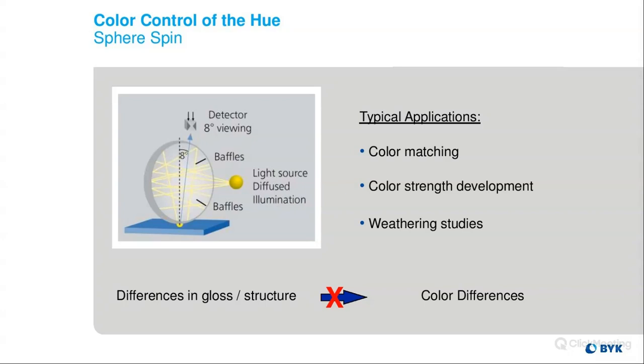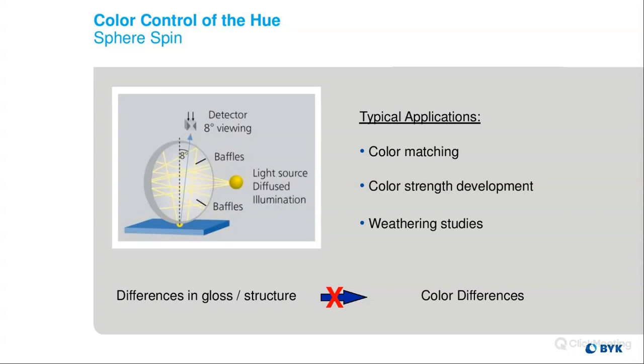And then what that creates is diffuse light being cast onto the sample instead of direct light. And we want this because it's not going to take into account the gloss and structure. It's just going to take into account the actual color on there.